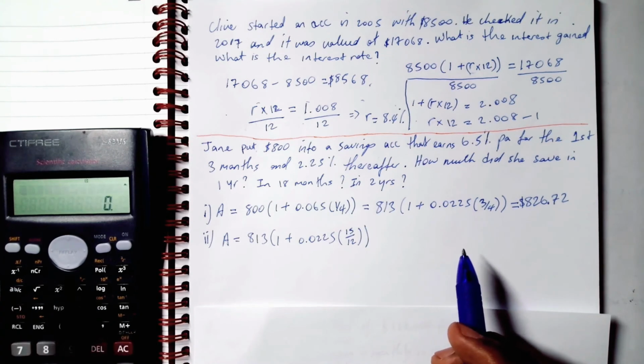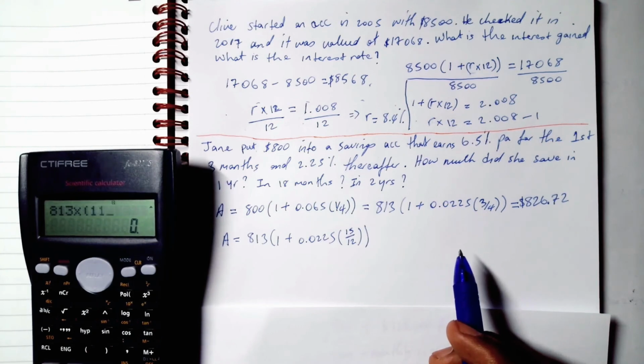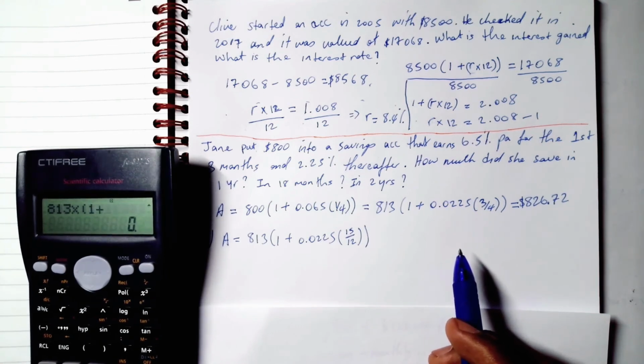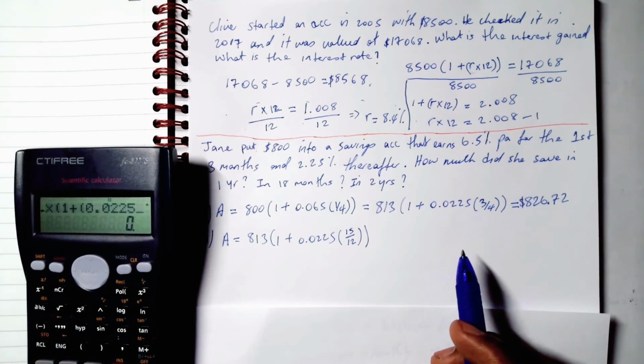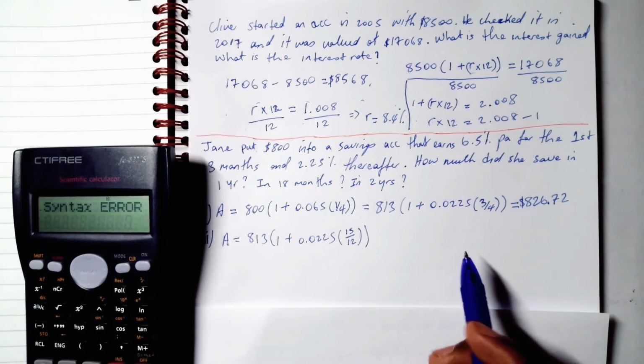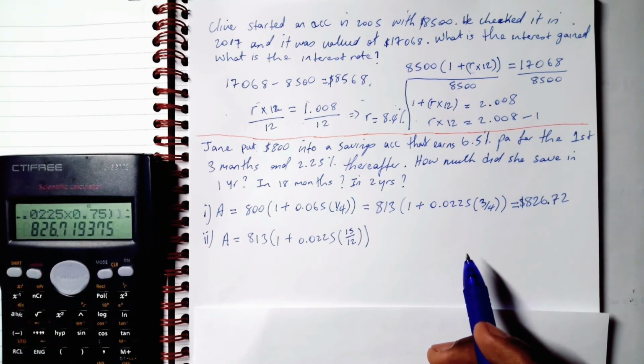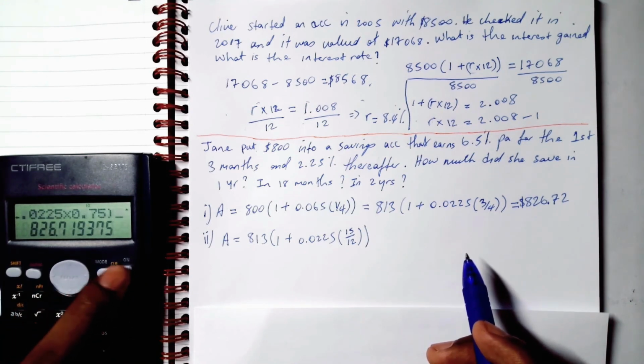Alright, and now we put this in our calculator. 813 times 1 plus bracket 0.0225 close bracket times 15 over 12, close bracket, close bracket. Alright, here we go. Oh, my bad. I guess I added an extra bracket, right? Let's just cancel one of the brackets and see what we have now. Alright, cool.